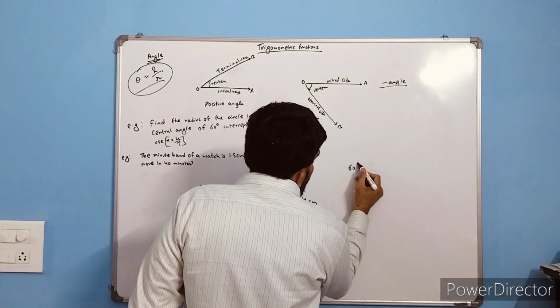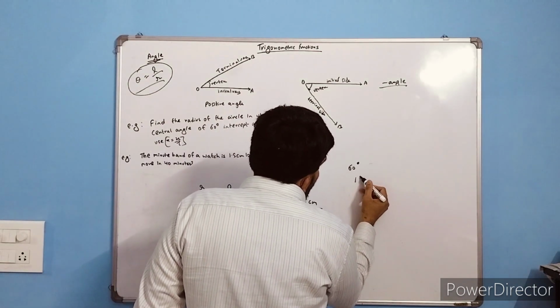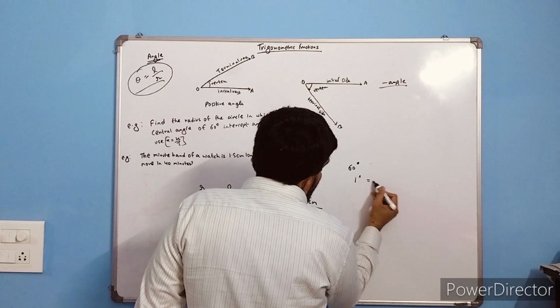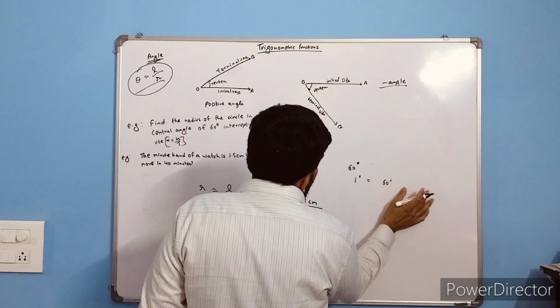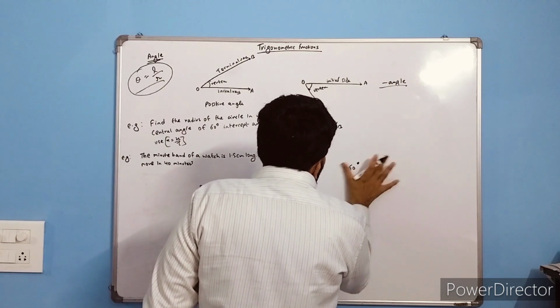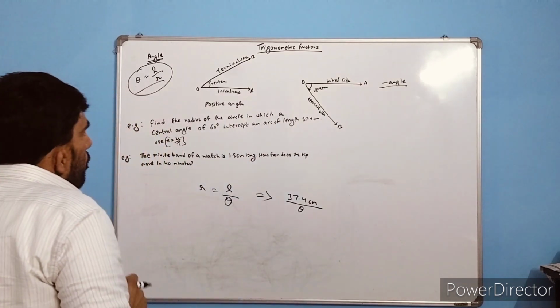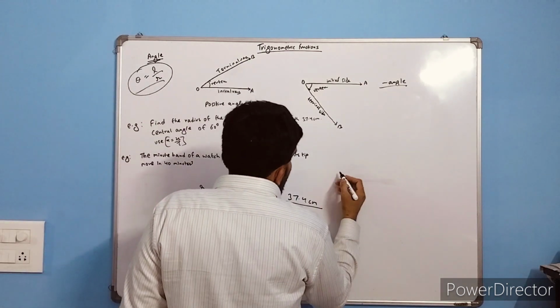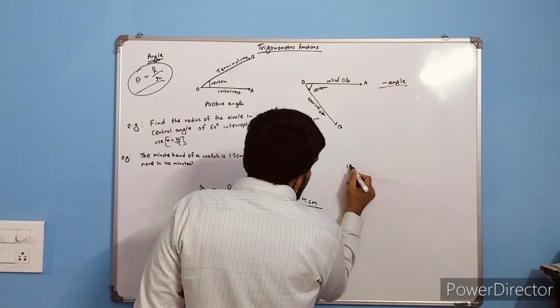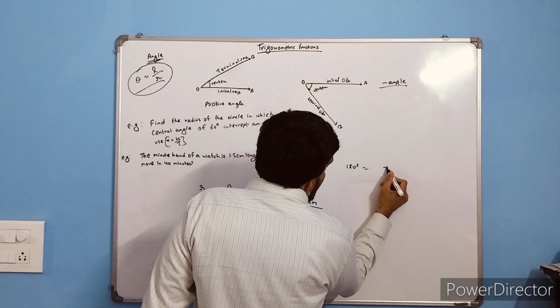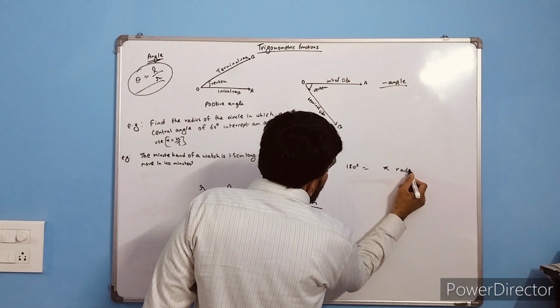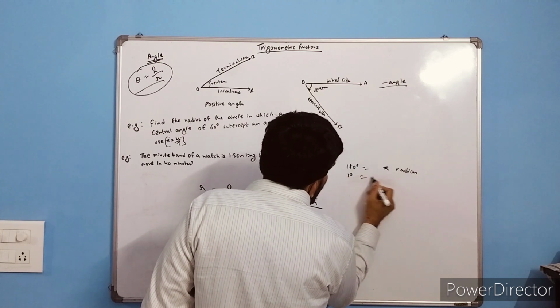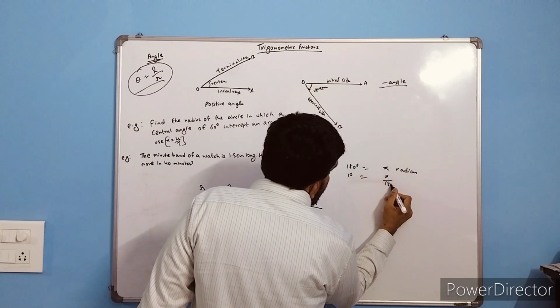The rule that one degree is 60 minutes will not be applied here. We'll see how to convert to radians. We have seen that 180 degrees is equal to pi radians, so 1 degree is equal to pi upon 180.